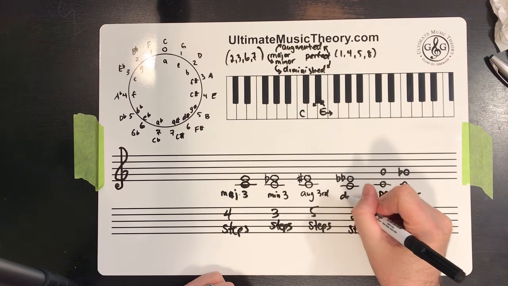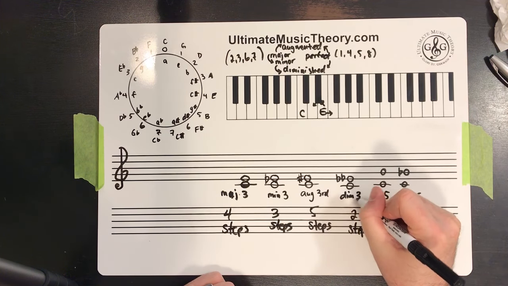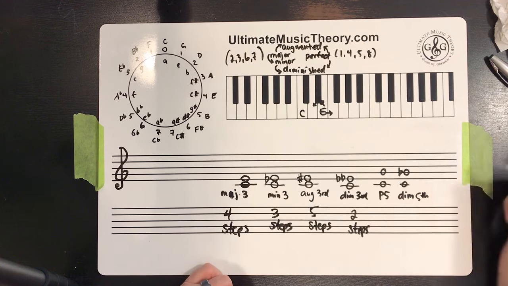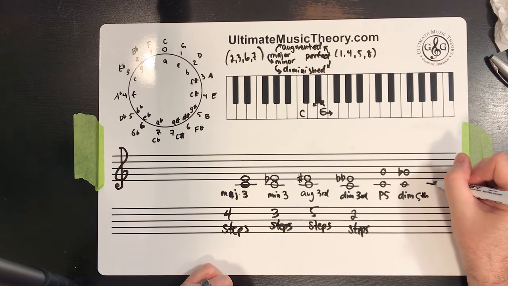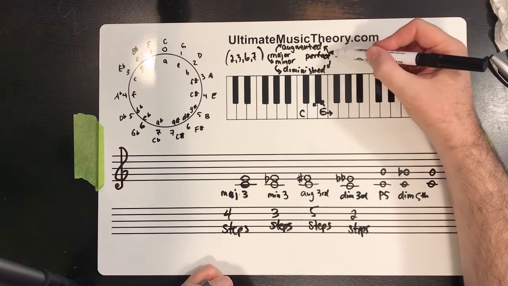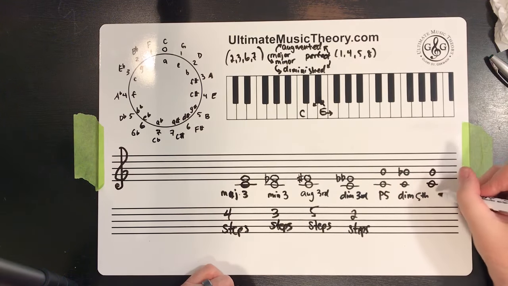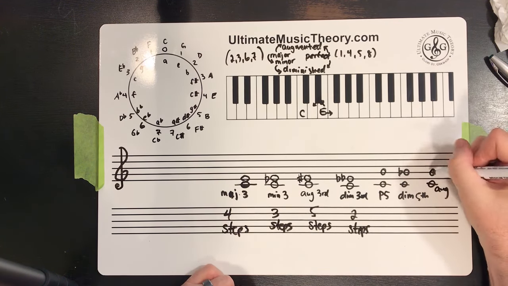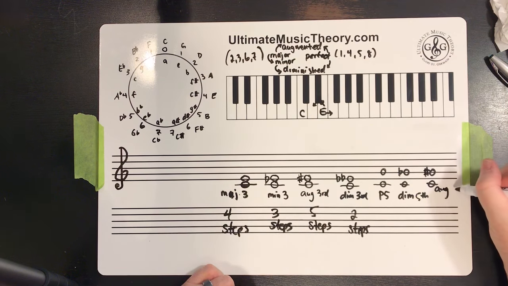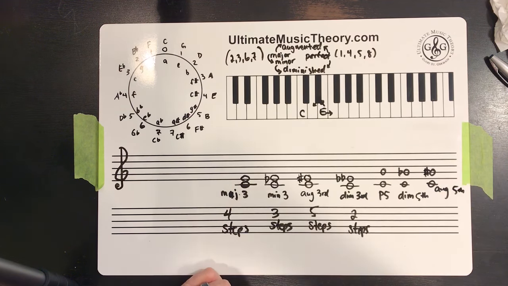Oh, and this was a diminished third. And if we go one step up from perfect, we go to augmented. So that would be a sharp, an augmented fifth.